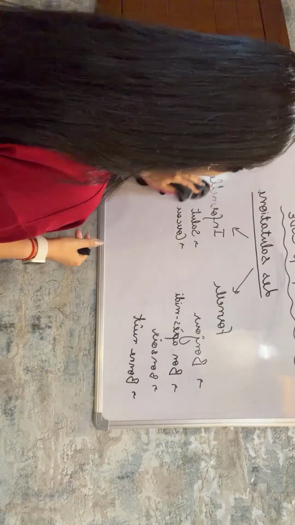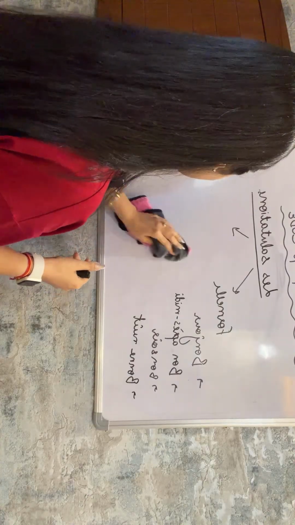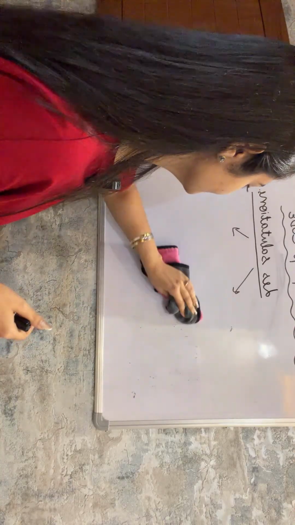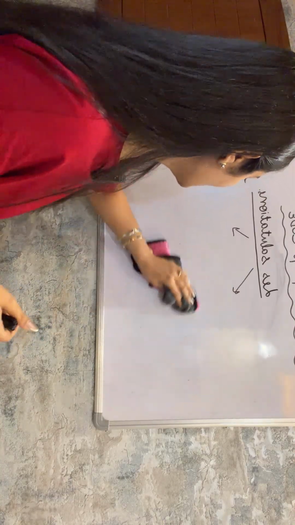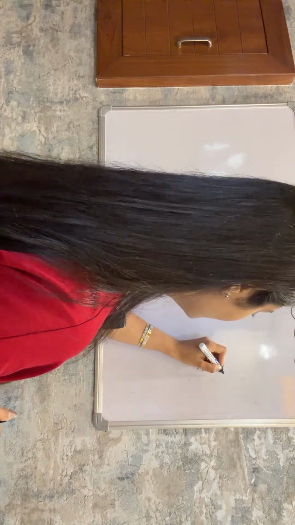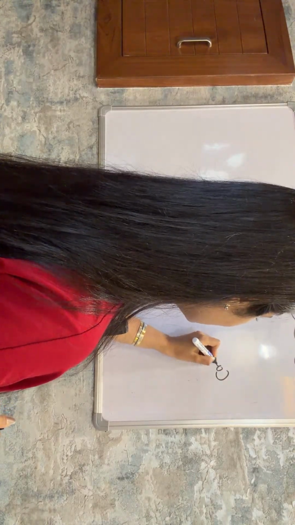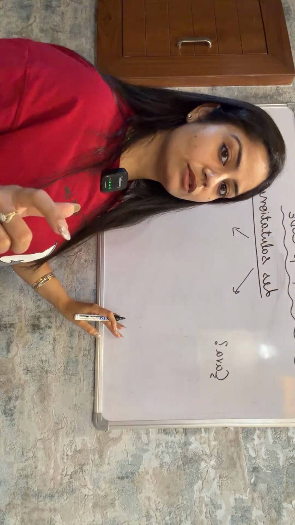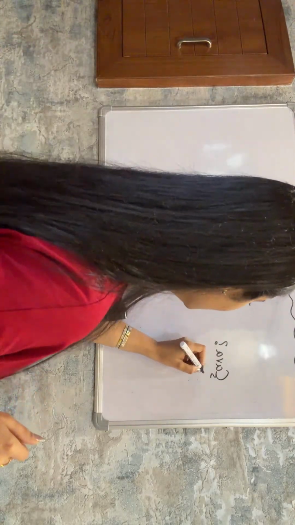Let me just erase this. How do we ask someone how are you in French? So for informal you say ça va, with a question mark. There's intonation. Ça va? Oui.